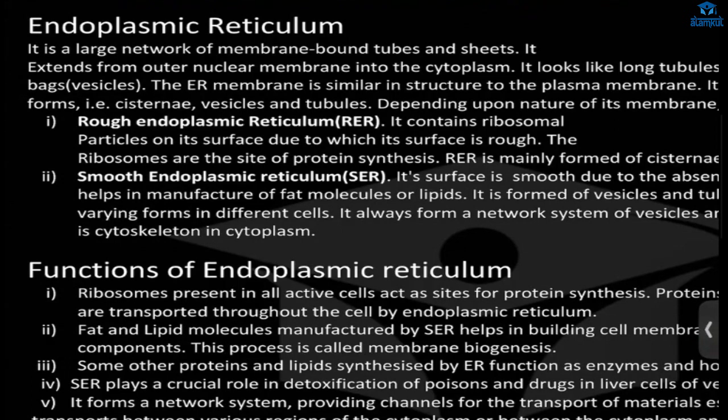There are two types of endoplasmic reticulum, rough endoplasmic reticulum and smooth endoplasmic reticulum. In the rough endoplasmic reticulum, we have ribosomes embedded in it.